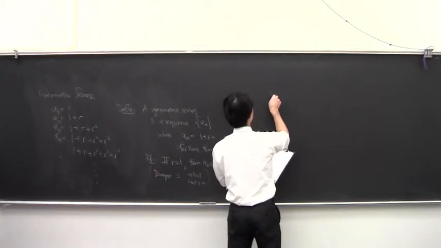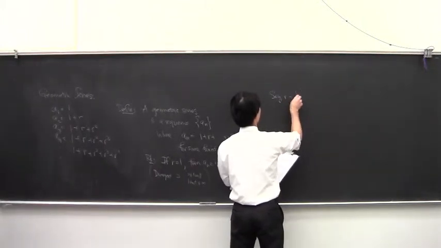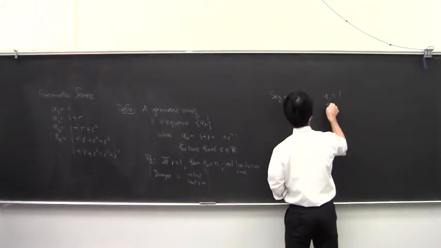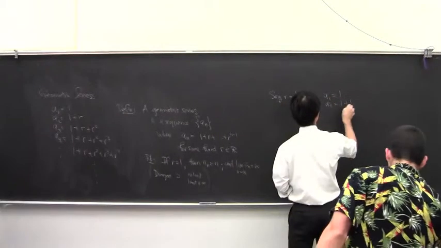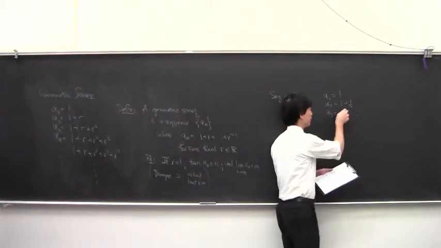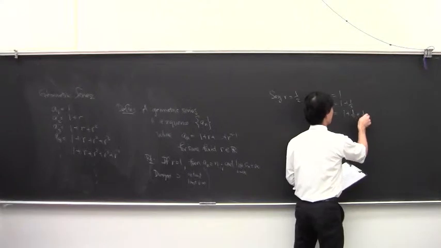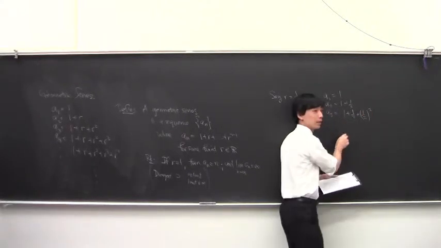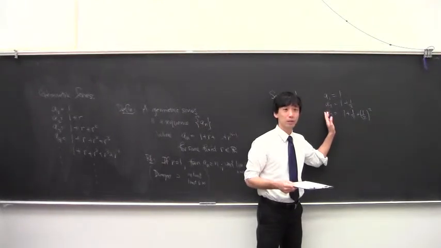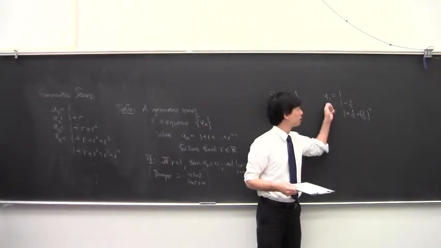However, let's say that r is a half. Then a1 is 1, a2 is 1 and a half, a3 is 1 plus a half plus a half squared, etc. And what happens to this sequence? Does anyone know?